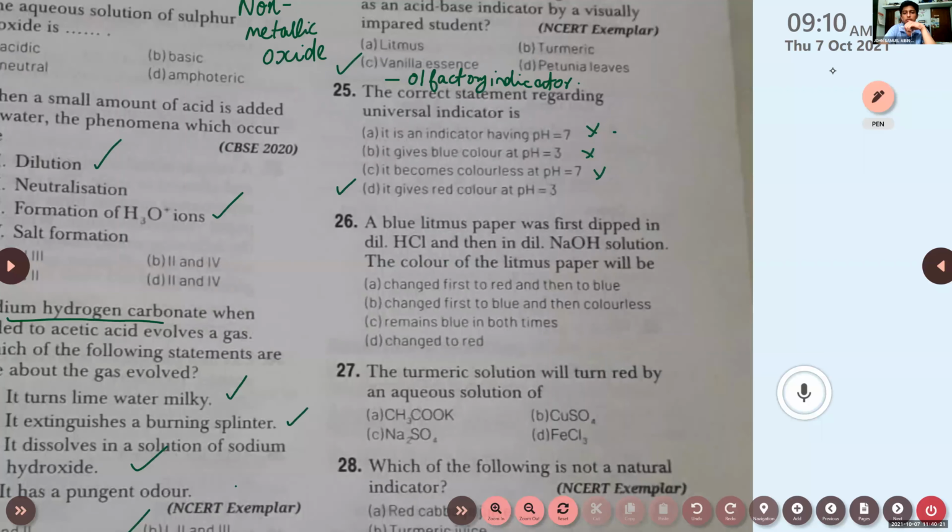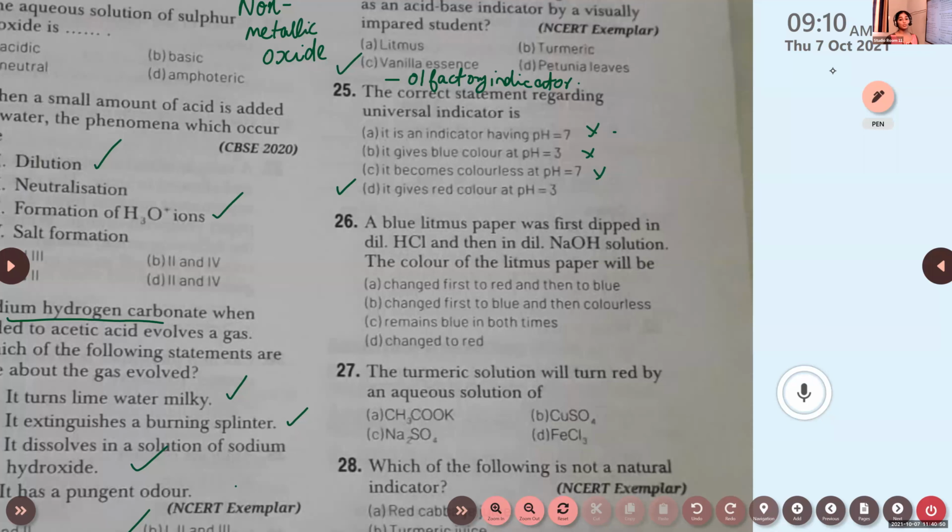B, changed first to blue and then colorless. C, remains blue both times. D, changed to red. Okay. So a blue litmus paper is first dipped in dilute HCl and then in dilute NaOH solution. The color of the litmus paper will be option A, changed first to red and then to blue. B, changed first to blue and then colorless. C, remains blue both times. Option D, changed to red.